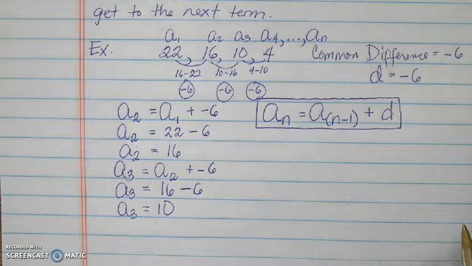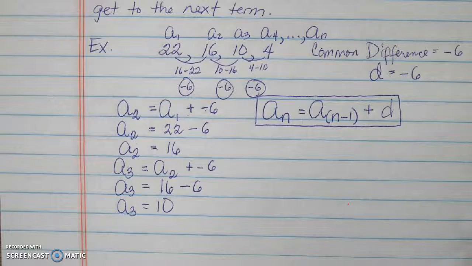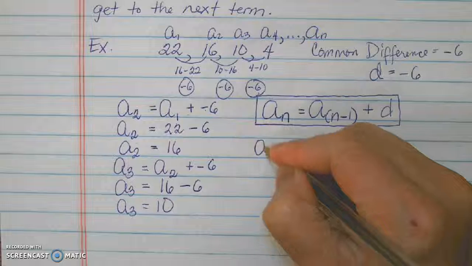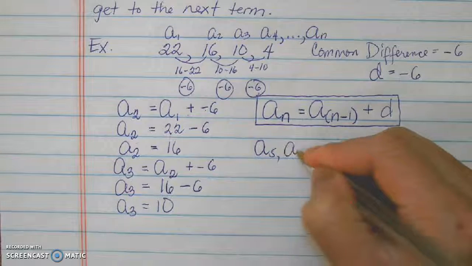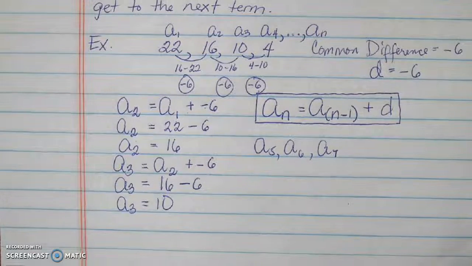So, let us go ahead and start using the formula. What if I use the same sequence, but I will look for my A5, A6, and A7. So let us do this.